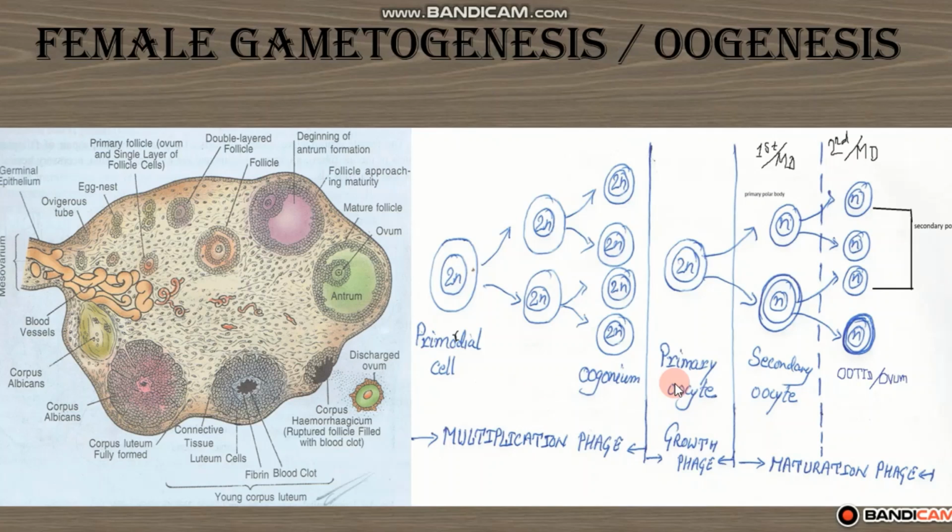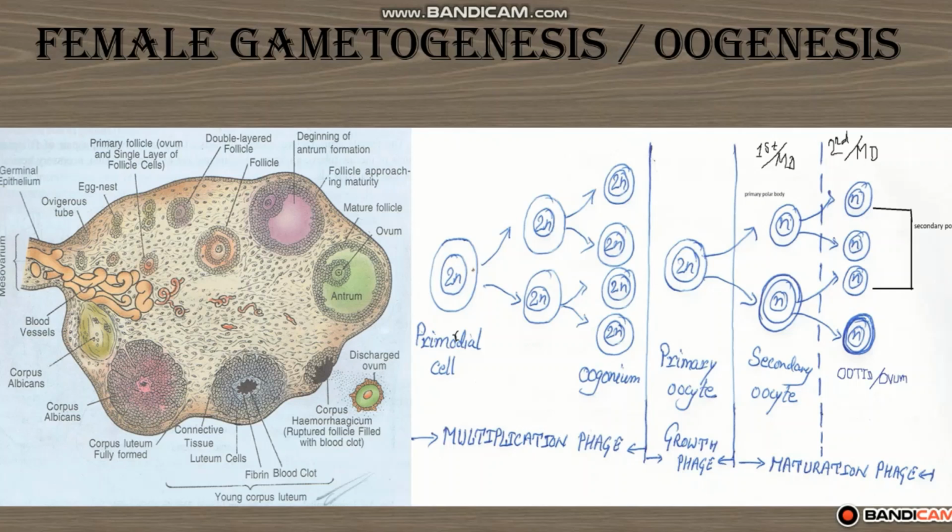In male gametogenesis, I taught you that any kind of gamete formation is based on the meiosis type of cell division. Meiosis is a reduction of the cell, which means the number of chromosomes will be halved.